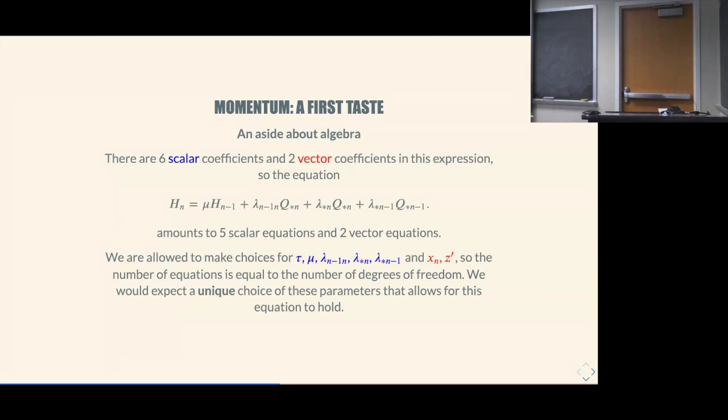You get to choose your set of coefficients, you get to choose your next iterate, and you get to choose your next momentum. This should have been z_n. So in principle, there should be a single solution, or rather a finite set of solutions, that actually makes all of this work.